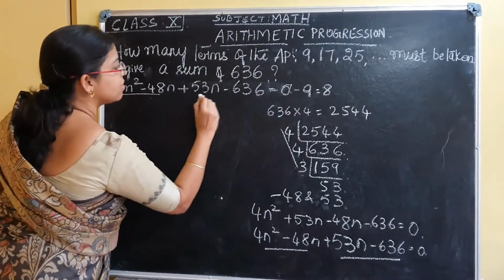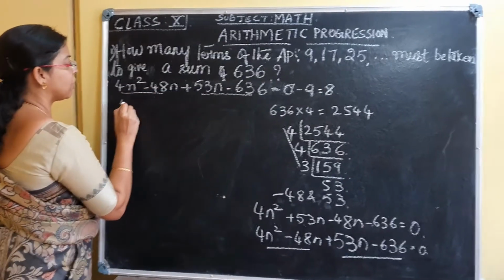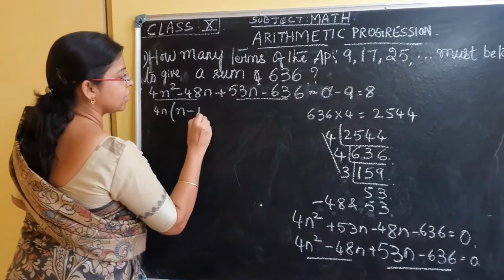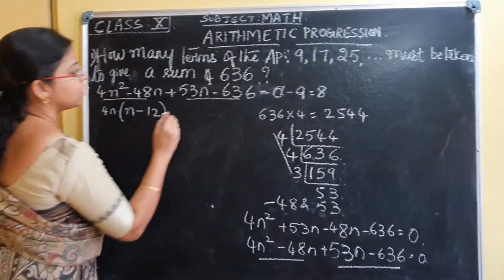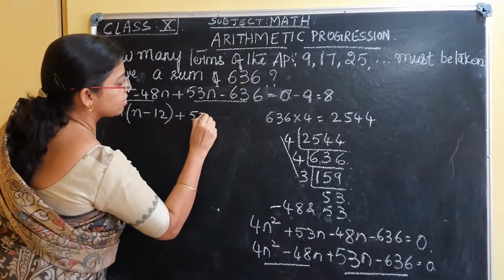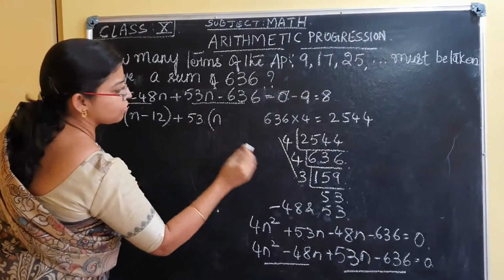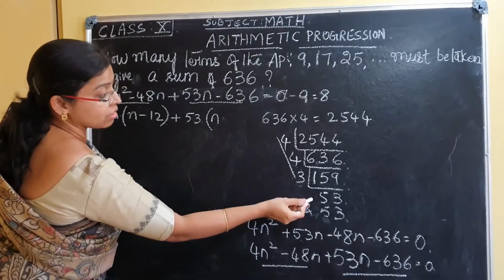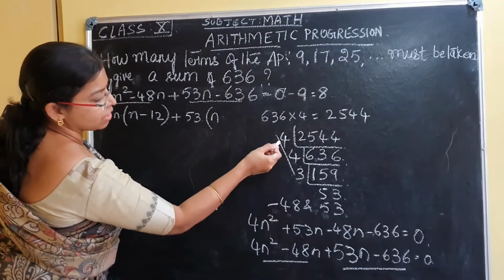We will group these terms. Here 4n will be common. So we are left with n minus 12, plus, here 53 is common.